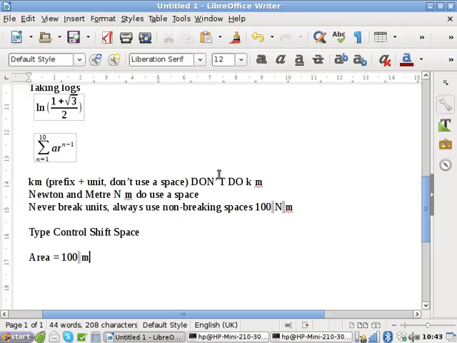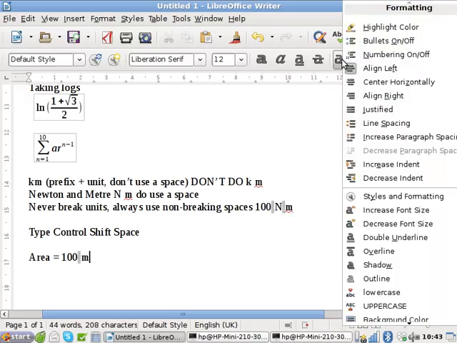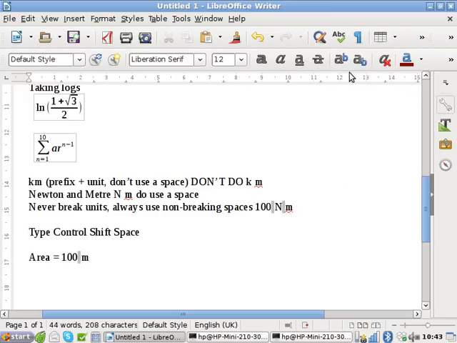You use this option here called superscript. So if I click superscript and then type 2, it will put it up the top. So this is 100 meters squared.